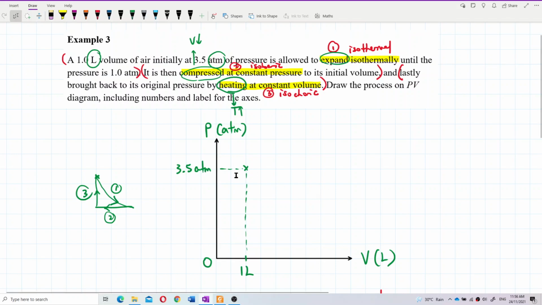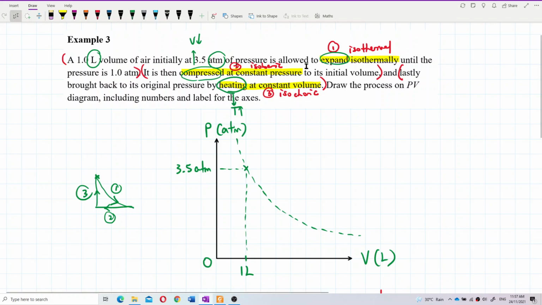Then I need to draw an isothermal line, a nice curve, curving until here. I don't know what the temperature is.